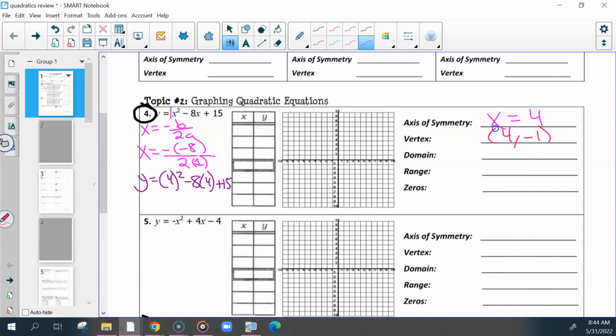Okay, -1 will be my vertex. That's going to be this point with the box around it. I can fill out my x values or look at my table and fill out my x values, either or. But going backwards, this would be 3, 2, 1. Forwards would be 5, 6, 7. And then on our table, we're going to fill those out from the values they give you from the table.